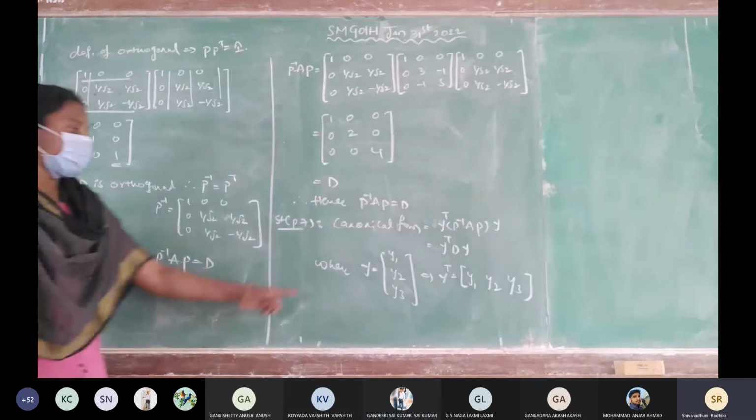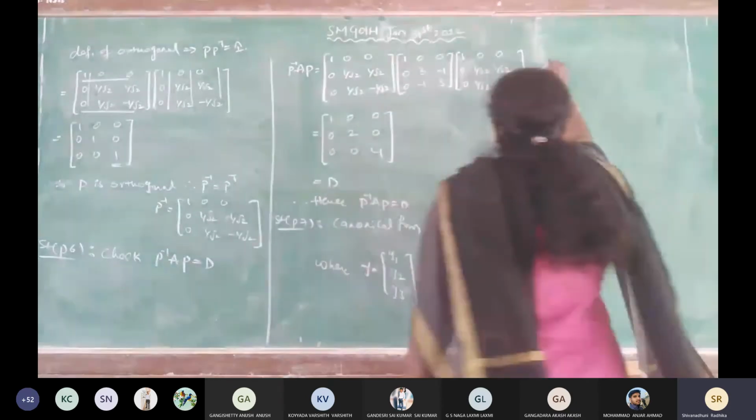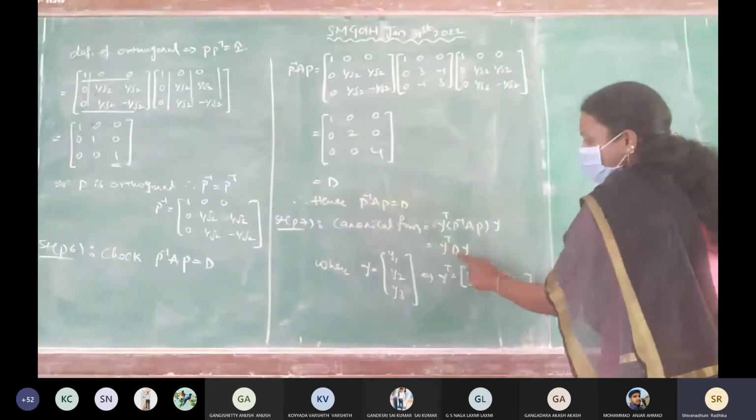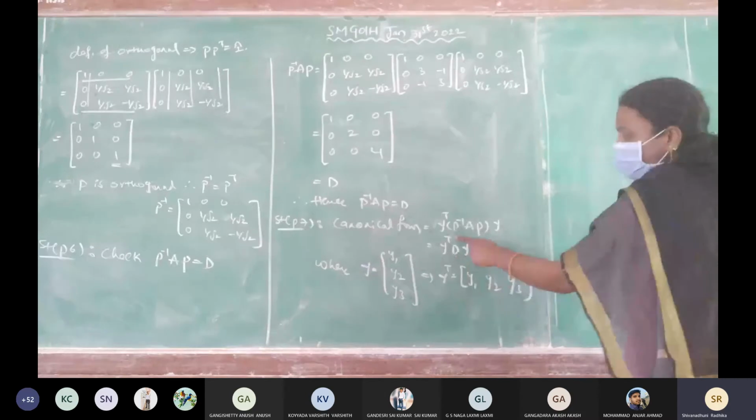Now, capital Y equals to this and Y transpose is this one. Now, substitute Y transpose, capital D and Y in the given formula.